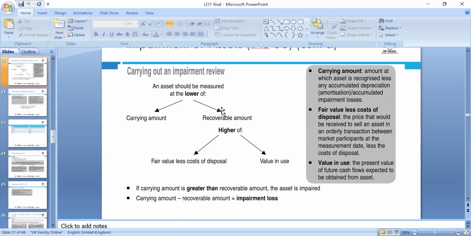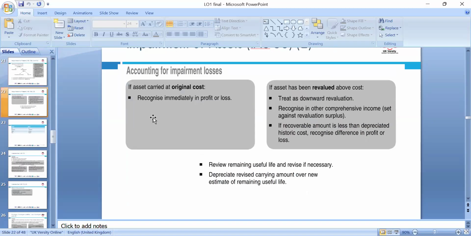The carrying value is the asset minus the depreciation, which we call the net book value. Fair value is the market value, and value in use we call the economic value. Whichever is higher is what we consider, and then we look at impairing our assets. So we will carry on doing these impairment reviews.